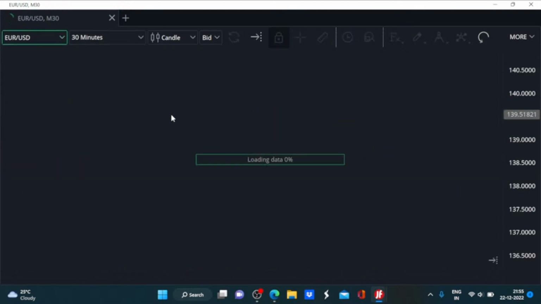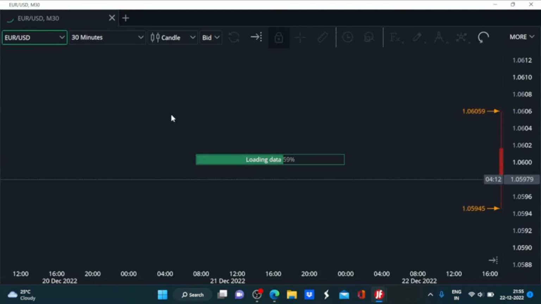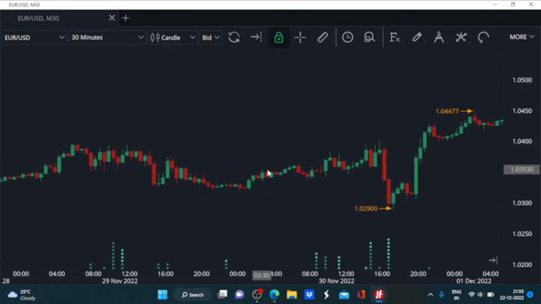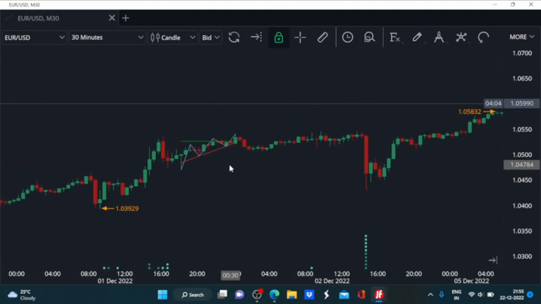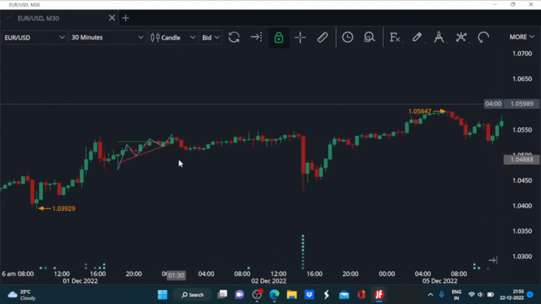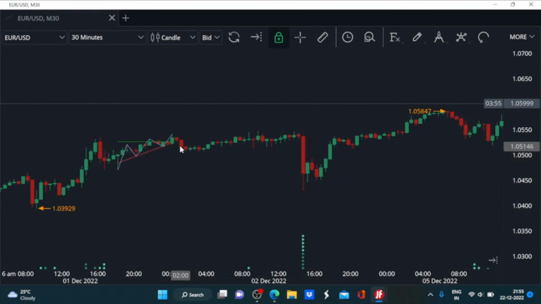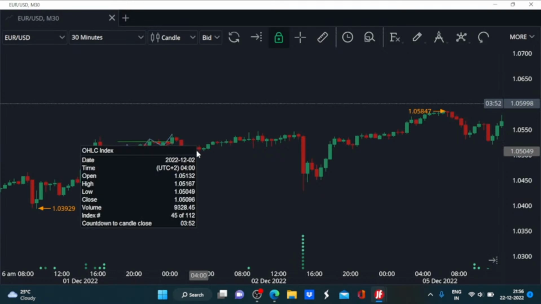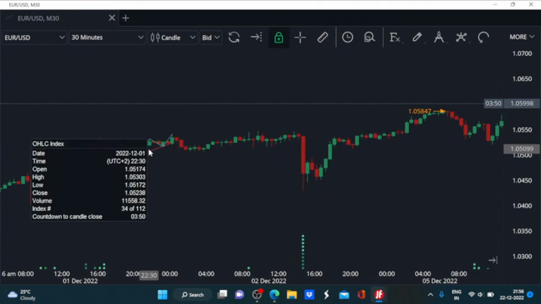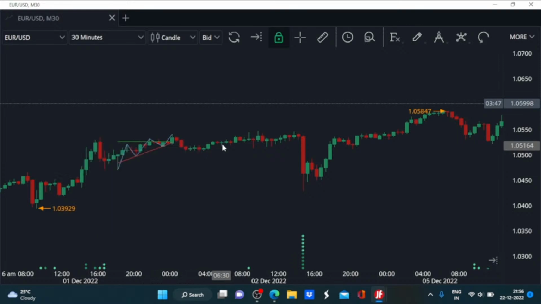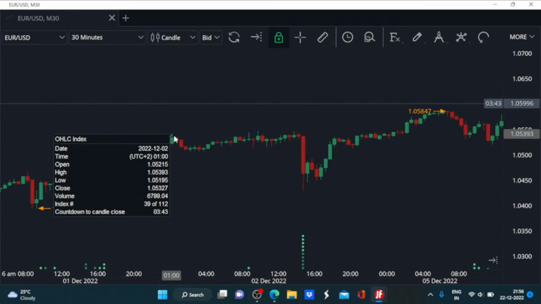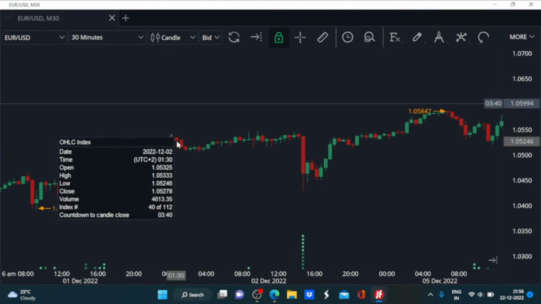Let's see what's the story for Euro USD. Euro USD might have generated this formation also a couple of times. So here we got this instance, and here we would have been on the losing side if we had gone in against the trade, as we got this formation where the breakout happened on the lower side below this prior swing low, but it didn't really sustain and again it climbed past our stop loss level.